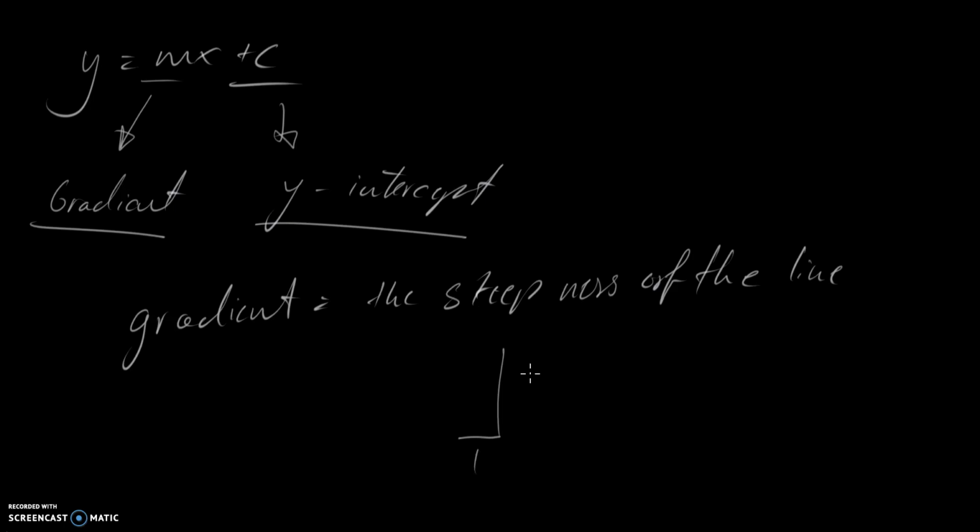So if it goes one across, how high does it go? I like to remember it in a ratio, 1 ratio y, because if it goes 1 across, how much does it go up by? So y, basically. 1y.